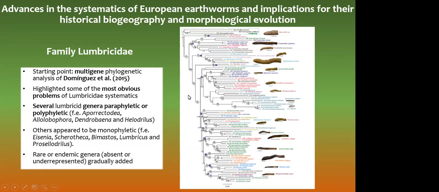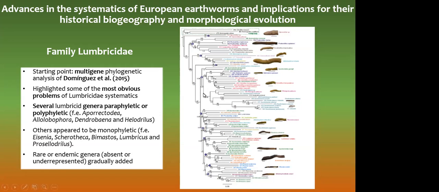This basically means that those genera don't contain all the descendants of a species, or that they contain a species belonging to unrelated clades. Some of those genera were Aporrectodea, Allolobophora, Dendrobaena, or Helodrilus. Others, on the other hand, appear to be monophyletic, for example, Eisenia, Scherotheca, or Lumbricus.